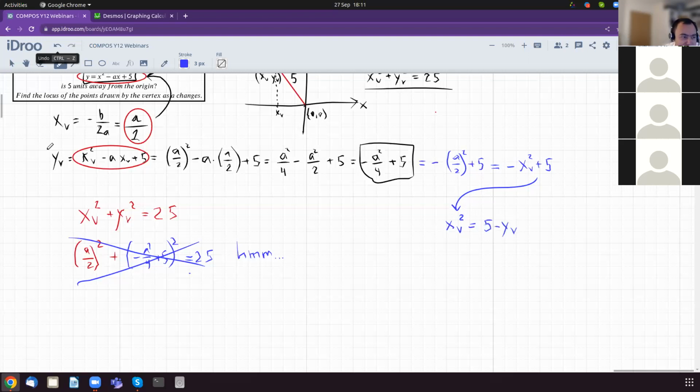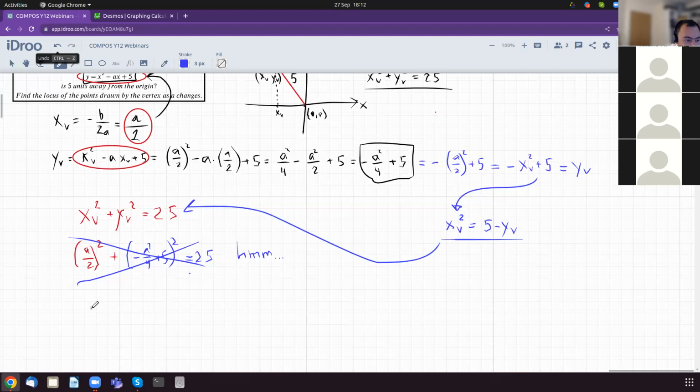I'm rearranging this expression. Because I know that this is y vertex, what I'm doing is taking 5 to the right hand side, multiplying by -1, or whichever way you like it. Basically, I'm making x vertex squared the subject, and I'm going to put that into here.